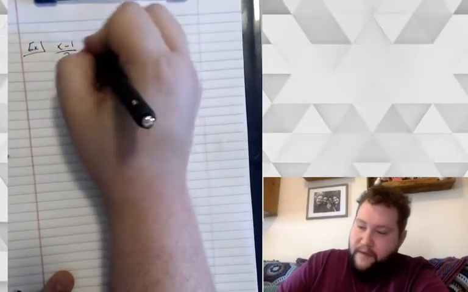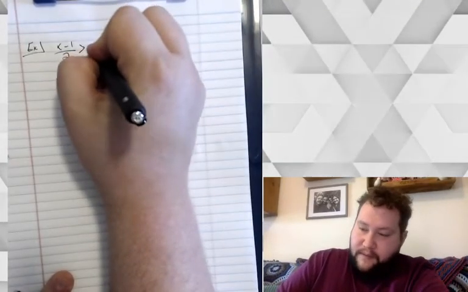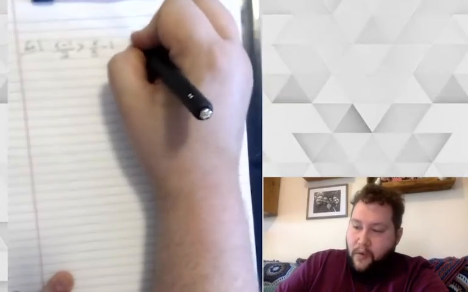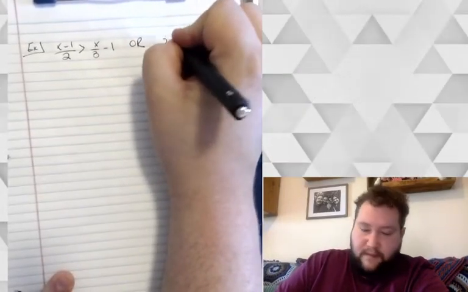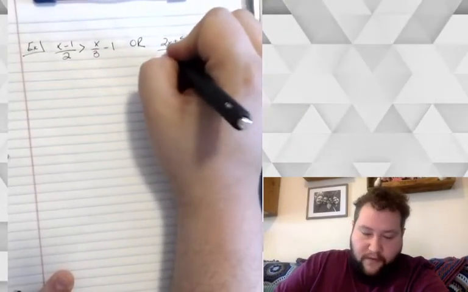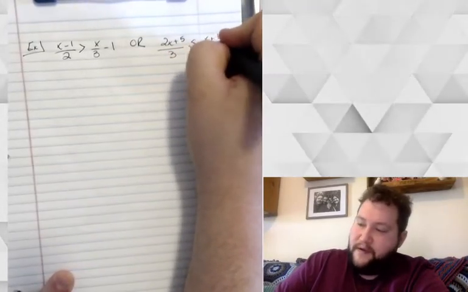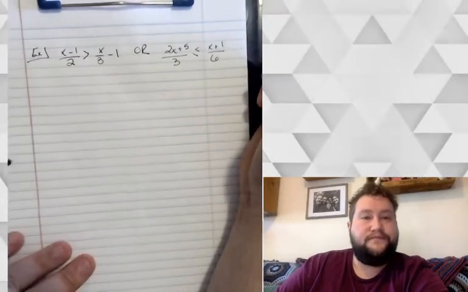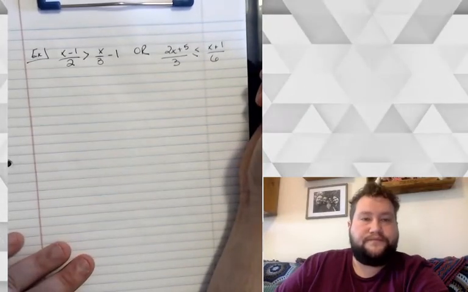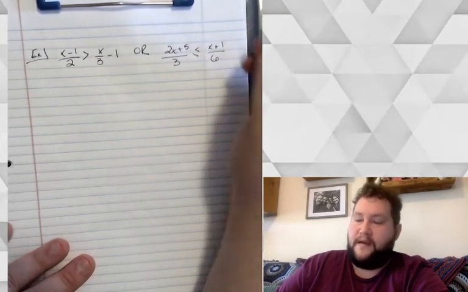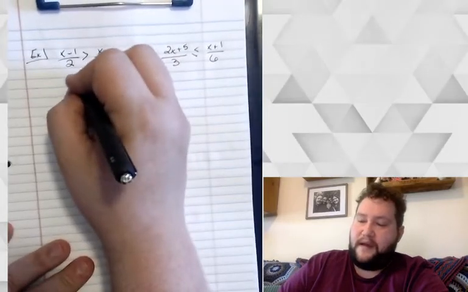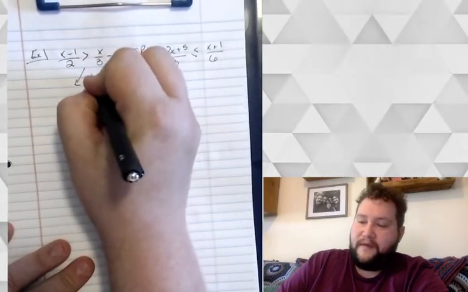So consider another example. x minus 1 over 2 is greater than x over 3 minus 1, or 2x plus 5 over 3 is less than or equal to x plus 1 over 6. We can multiply both sides by a non-negative number, so I'm going to multiply by 6.